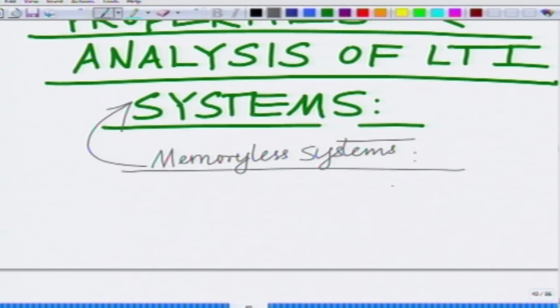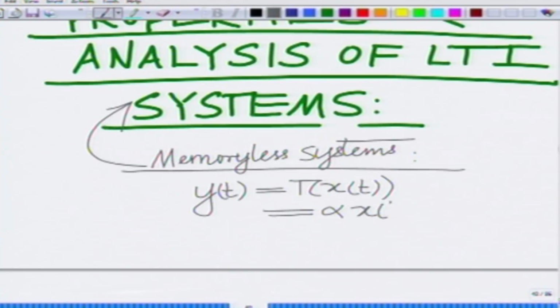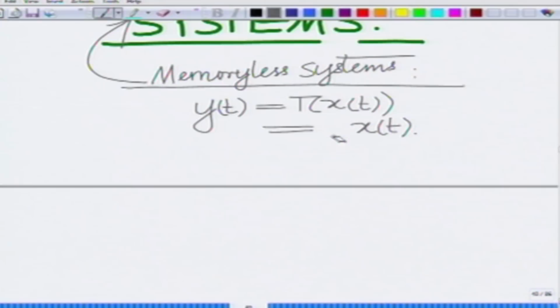Now remember, in a memoryless system we have the output y of t equal to alpha times x of t. That is, some constant k times x of t, which implies it depends only on the input at the current time instant.